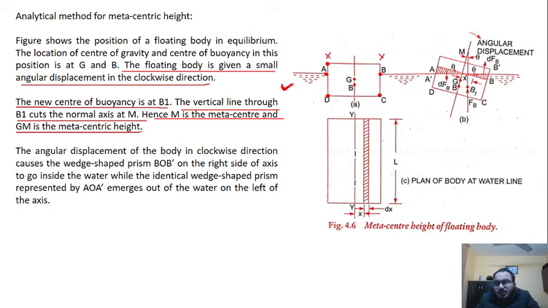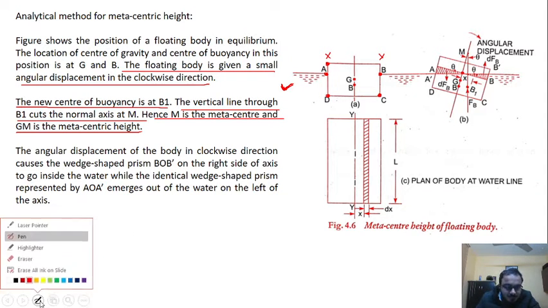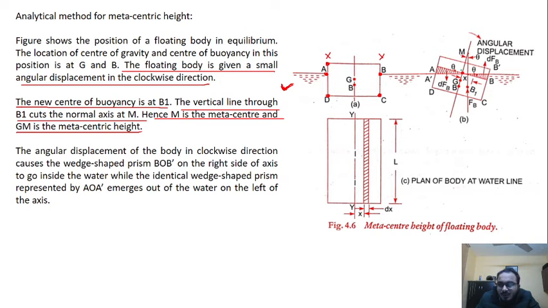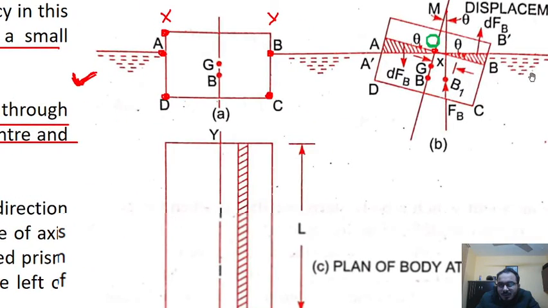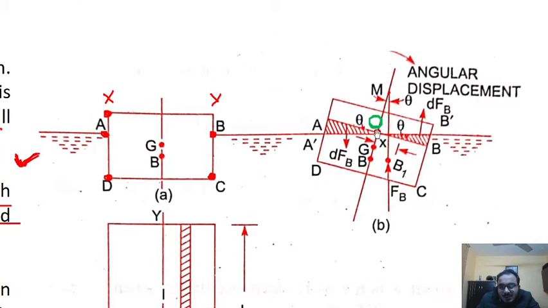So let me tell you that this point over here will be the point O. Here a new portion is now submerged in the liquid, that is OB prime B, and on the left hand side, as you can see, some portion has come out of the liquid, that is AOA prime.